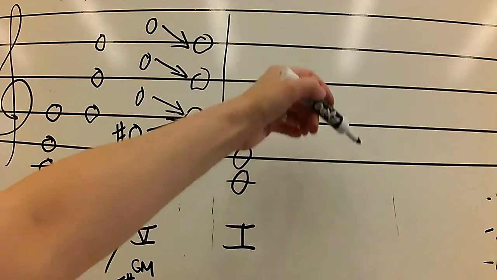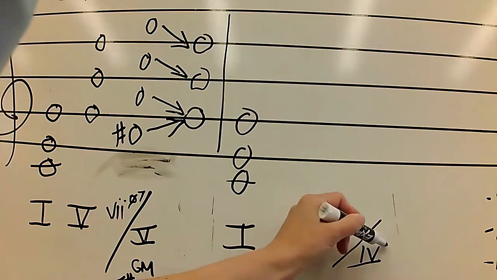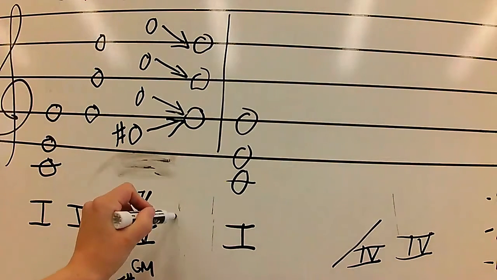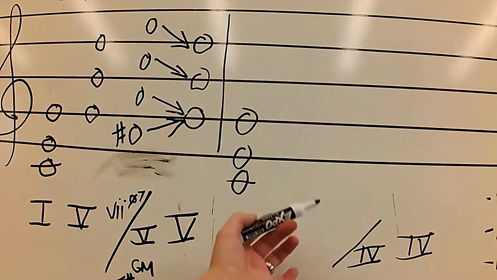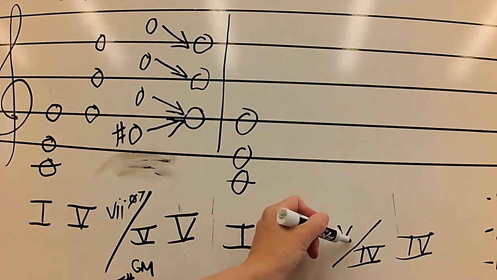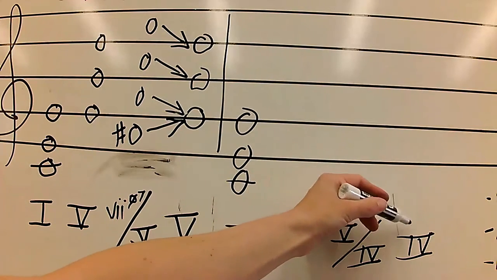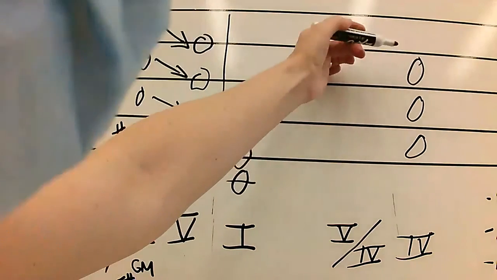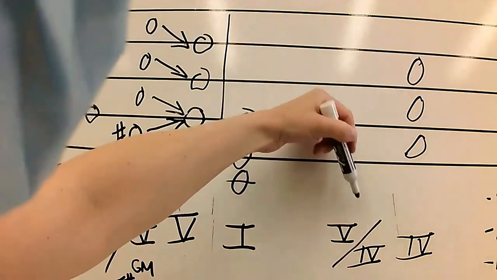So I'm going to leave a little blank here, and then we're going to go to 4, and then ultimately resolve to 5. Let's say 5 of 4. Let's try that. So 4 chord would be F A C. What's the 5th in the key of F major? It's C.